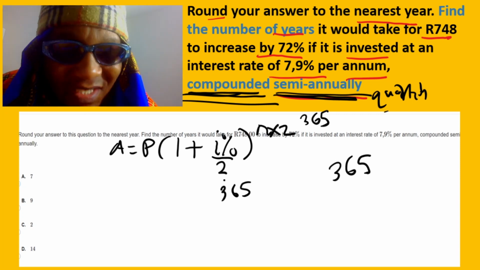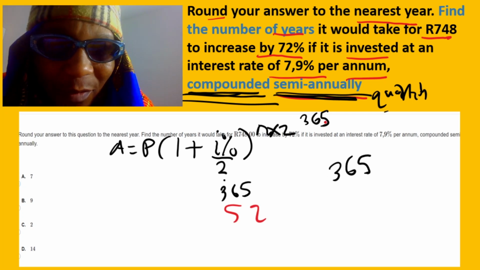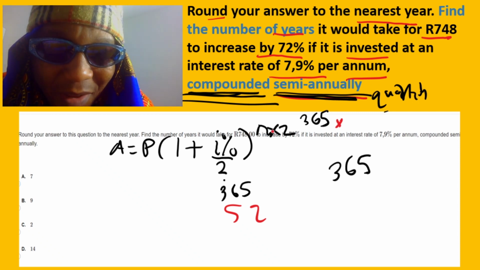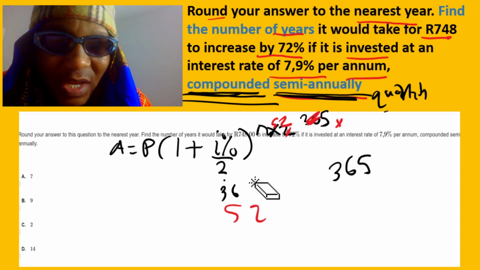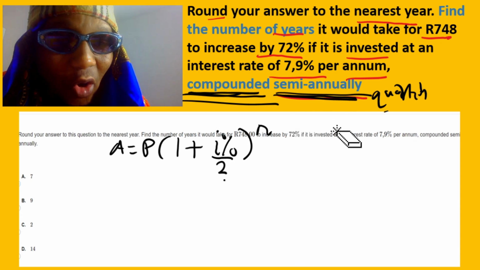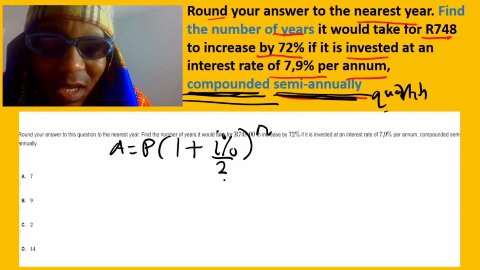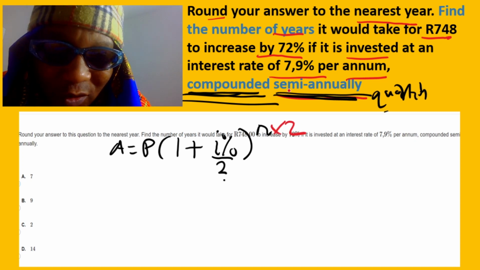There are 52 weeks, so I would divide by 52 and also multiply by 52. That's not part of the question, but just to let you know, you have to keep those in mind. Quarterly, divide by 4. But for now, we multiply by 2 because it was semi-annual.